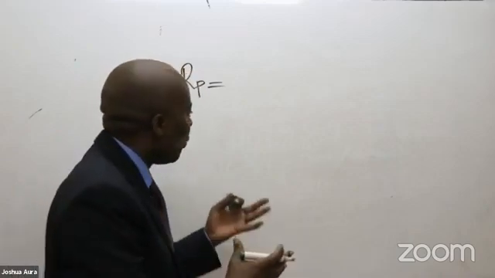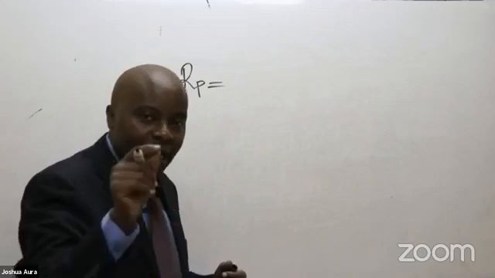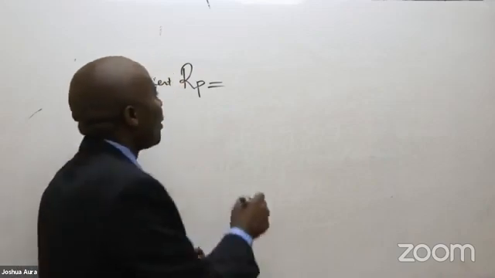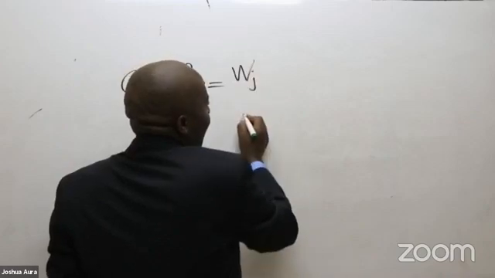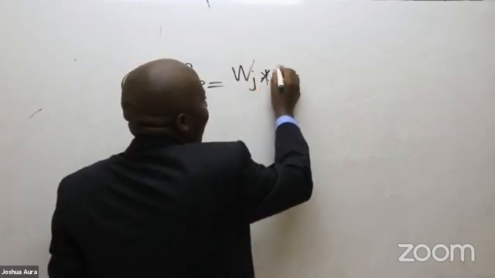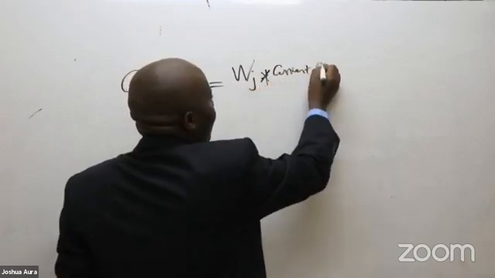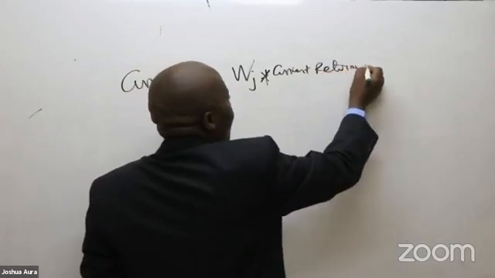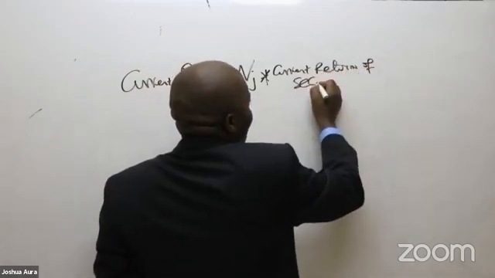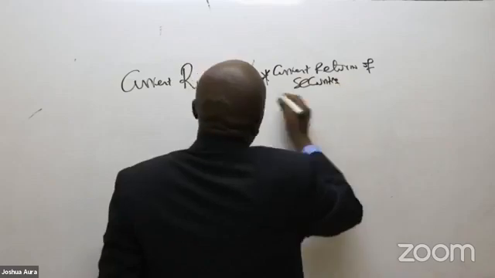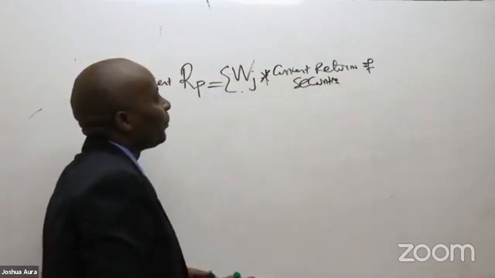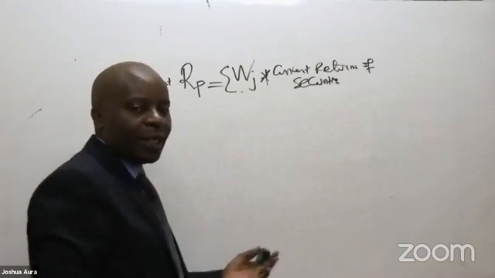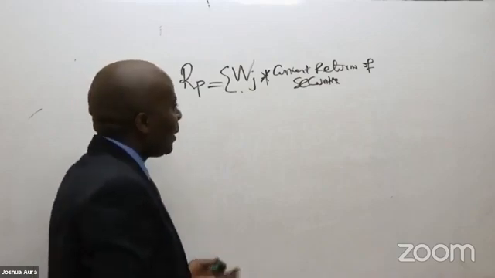So I combine them by taking the weights times their returns. I multiply the weights of the securities with the current returns of the securities, and then I sum. J is a number like security 1, etc.